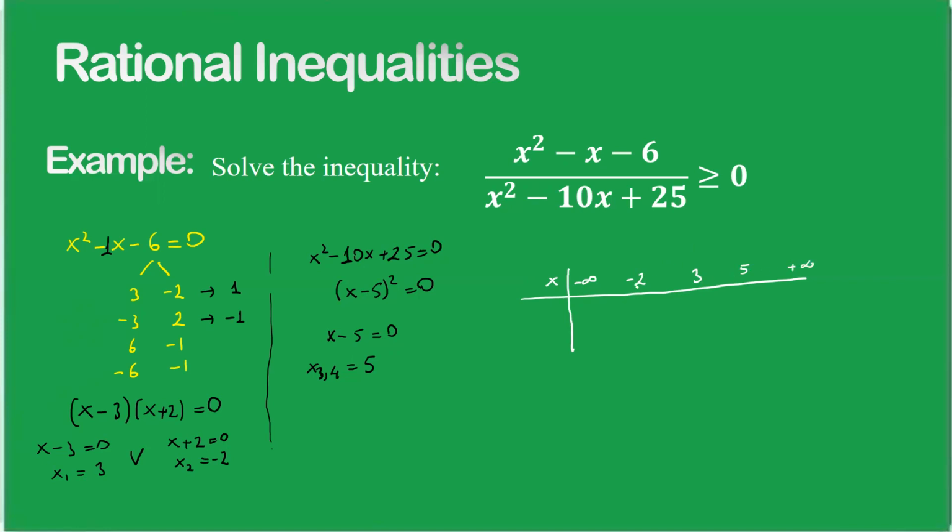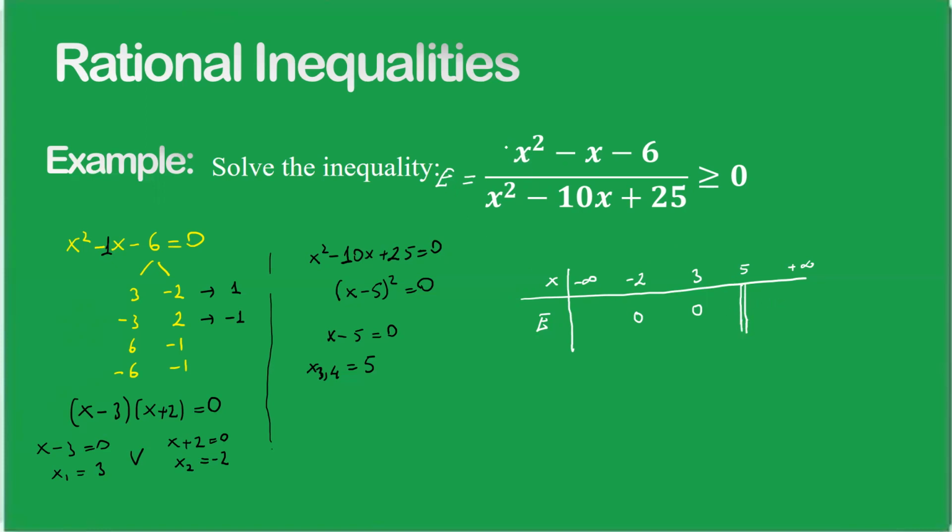Then minus 2 and 3 make the expression 0. I'm not writing the expression, by the way. Let me write 0 here, and 0 here also. And what about 5? 5 is a double root of the expression, and it also makes the expression undefined. Let me draw a double line segment like this.